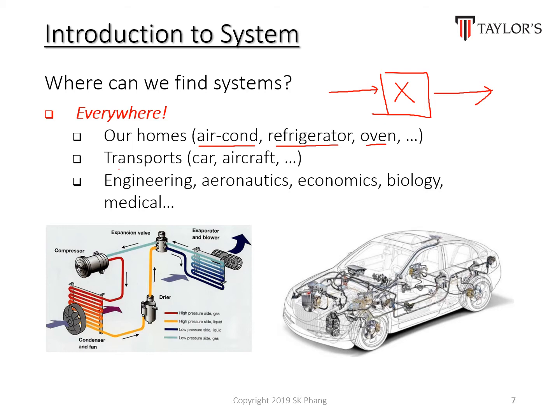In transportation, we have cars and aircraft. The input to the car, for example, will be how much you press the pedal, and the output will be the velocity or acceleration of the car. Of course, we have engineering examples, astronautics examples, and even economics itself can be a system. For example, how much people invest in the economy, and then how well the economy performs based on the people's investment.